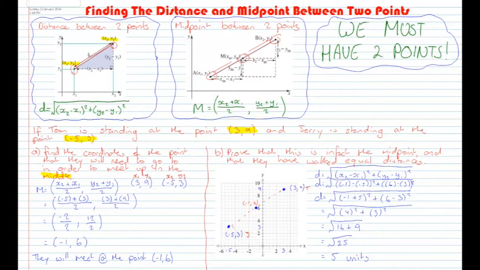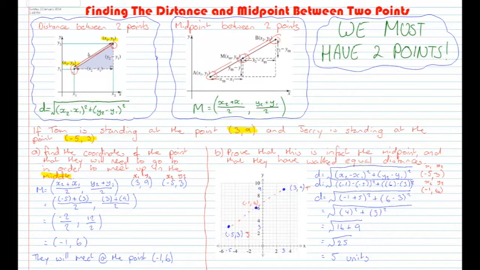I'll find the distance that Jerry's walked to get to the middle, so that is Jerry's point of negative 5, 3, and the midpoint of negative 1, 6. Negative 5, 3 is x1, y1, and negative 1, 6 is x2, y2. Substituting in, x2 being negative 1, minus x1 being negative 5, squared, plus y2 being 6, minus y1 being 3, squared.